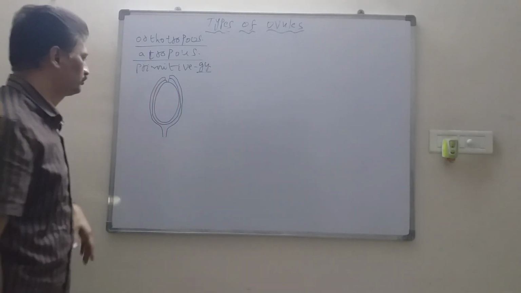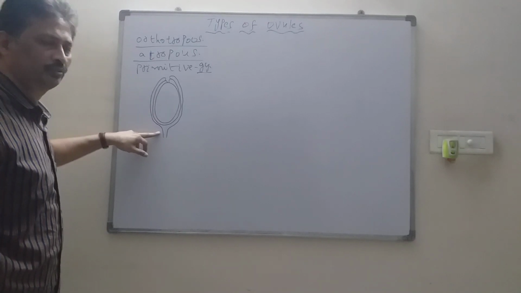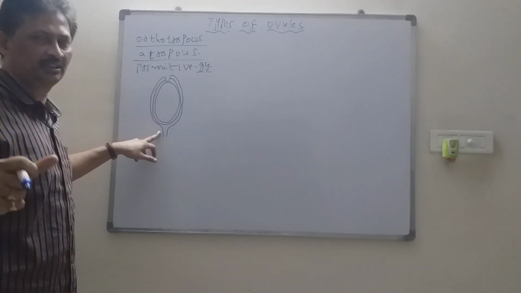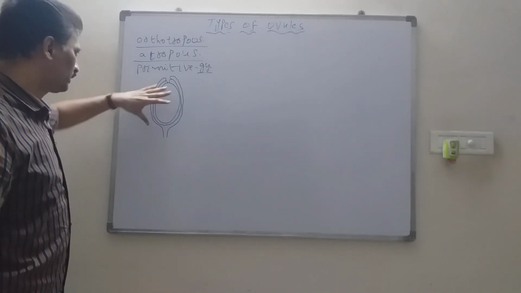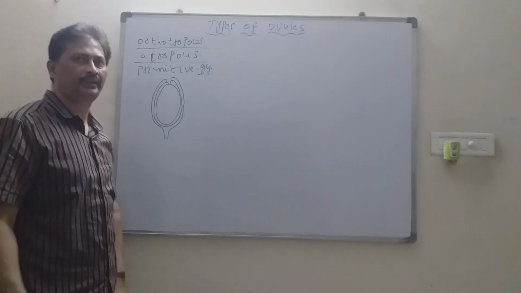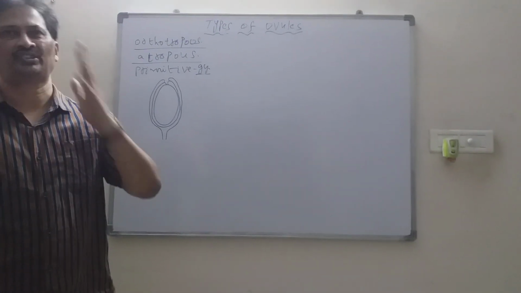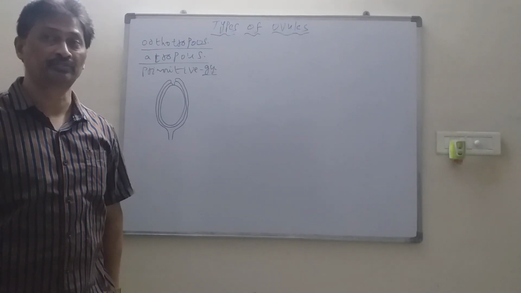Here the funicle, that means the stalk of the ovule, is always static. That means it can't move. And the body of the ovule, if you observe it, appears in a straight fashion.